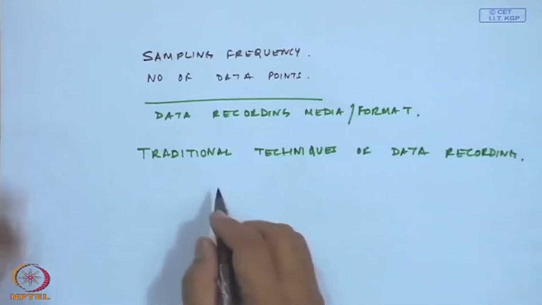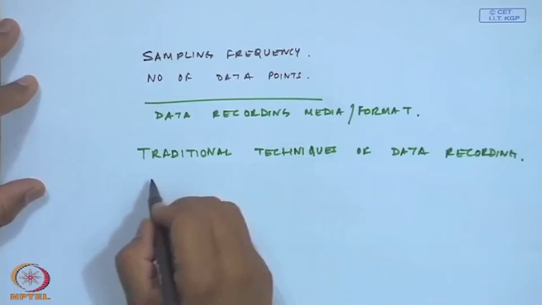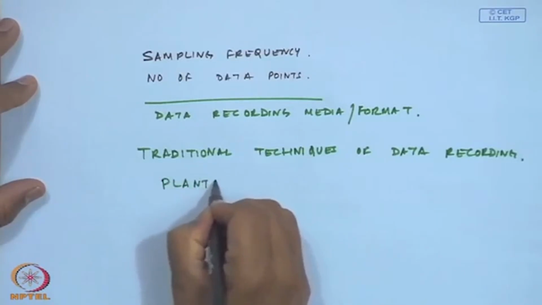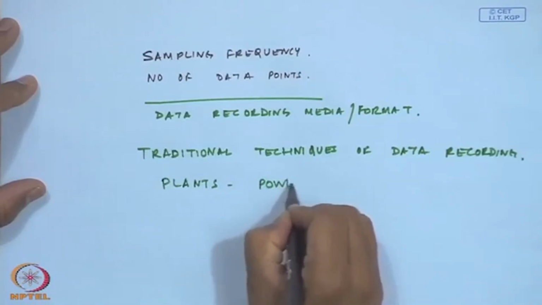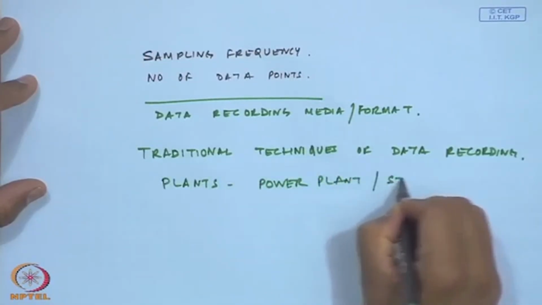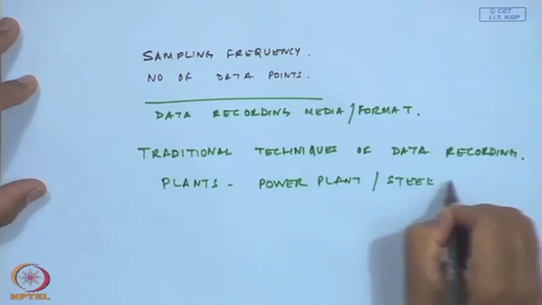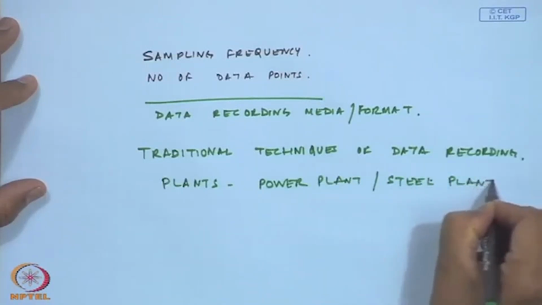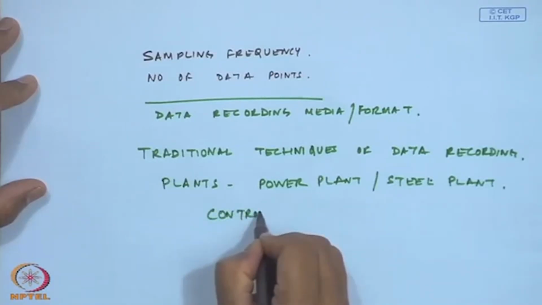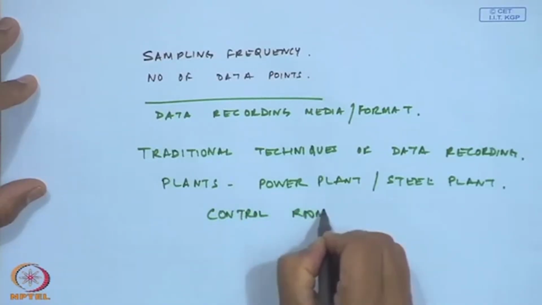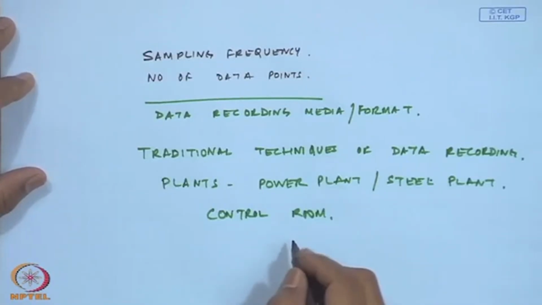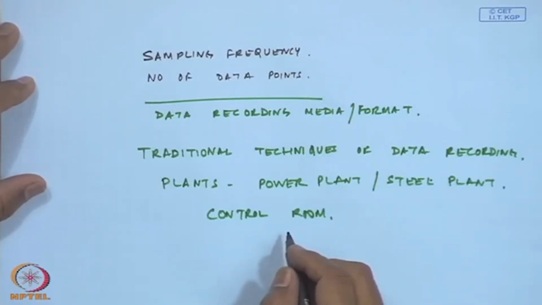Well, you all must have visited certain plants. Could be a power plant, could be a steel plant. They have a control room, and I am talking about things in the industry about 3-4 decades ago.